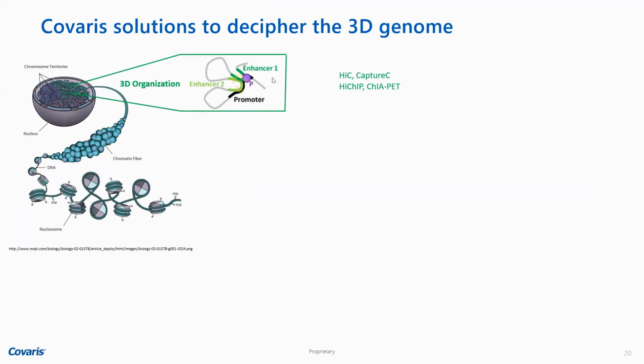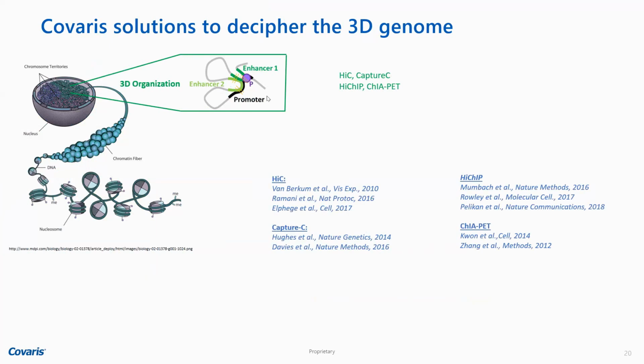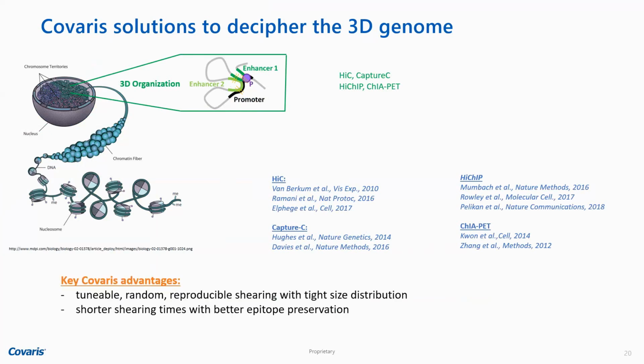And you can look with methods like Hi-ChIP or ChIP for the proteins which are involved in these contact points. And as you can appreciate, lots of these methods involve shearing processes using the Covaris devices.